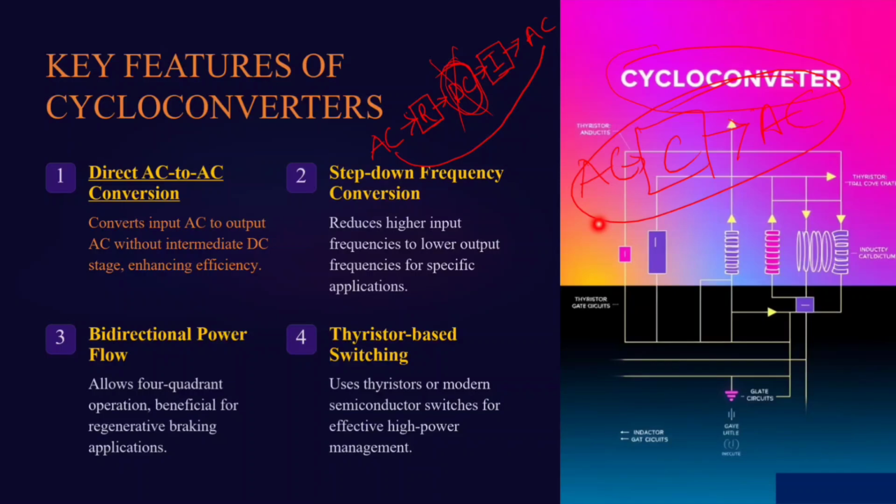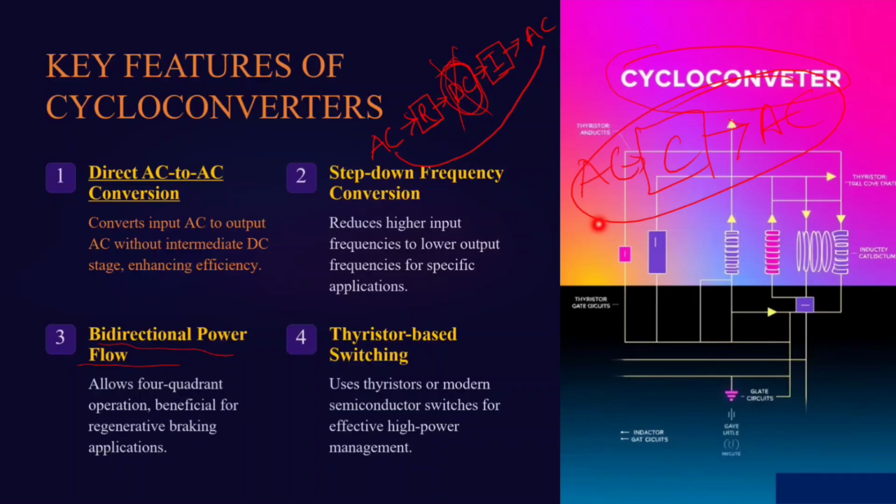Then step down frequency conversion, which means it reduces a higher input frequency to a lower output frequency for specific applications. Then bidirectional power flow, which means the power can flow from source to load and from load to source. What is the application?